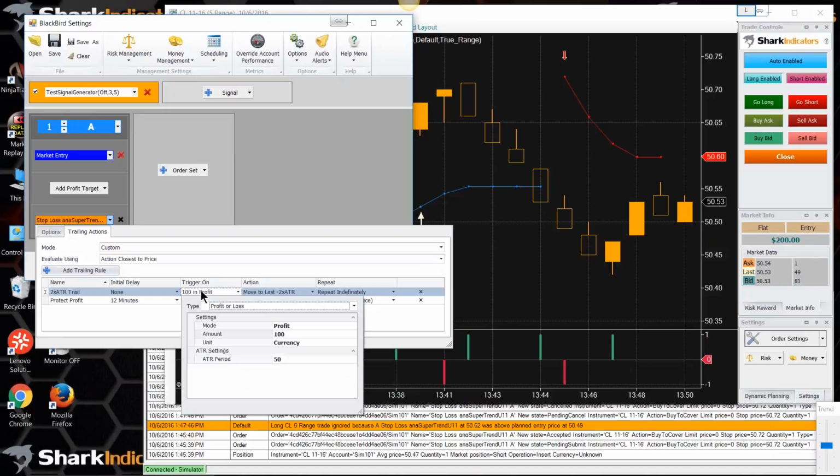Now, triggers are actually events. Think of these as triggering events. It says trigger on. This trailing rule could trigger on a bloodhound signal.